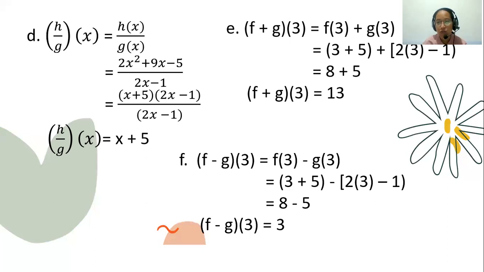And then for the value of the second function, which is 5, since the operation is subtraction, we have 8 minus 5 is equal to 3. Therefore, f minus g of 3 is equal to 3. Very easy. Everything in math is easy.